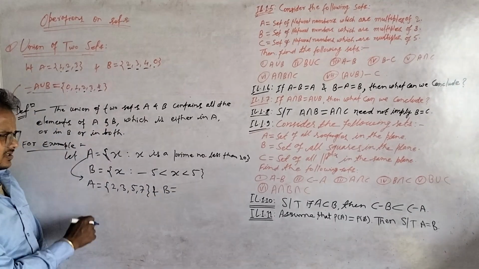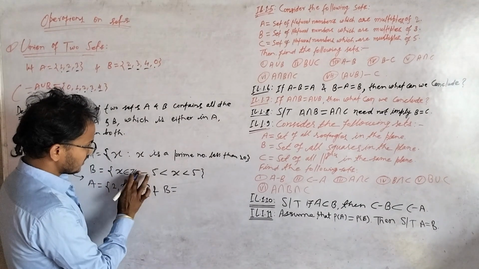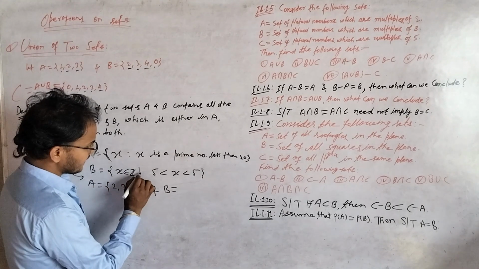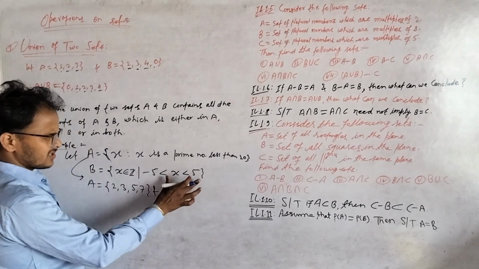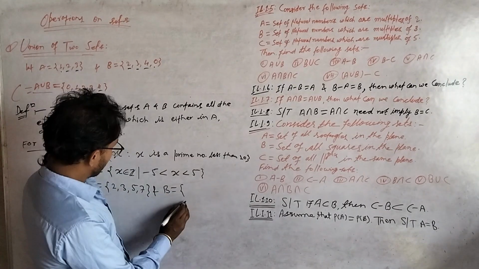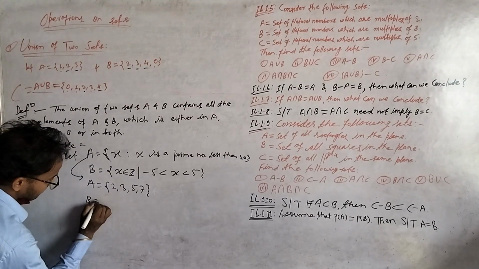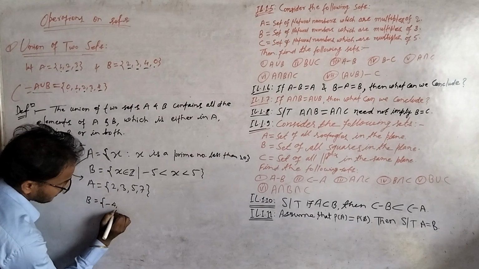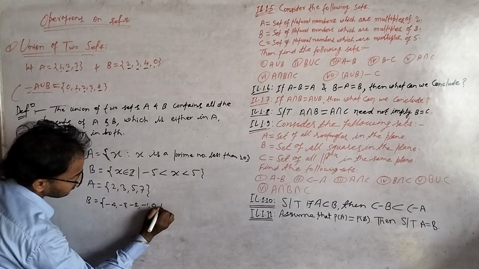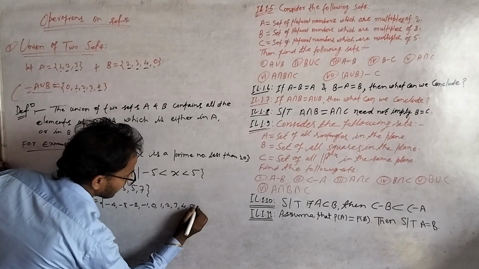In set B, x is an element belonging to the integers such that x is between -5 and 5. So set B is -4, -3, -2, -1, 0, 1, 2, 3, 4.